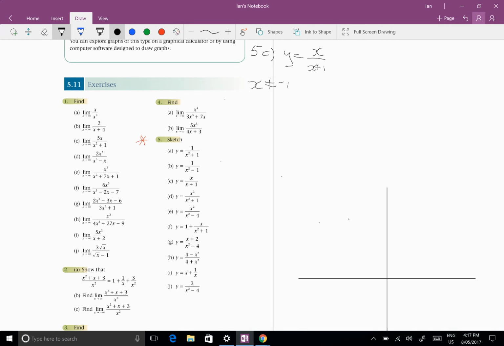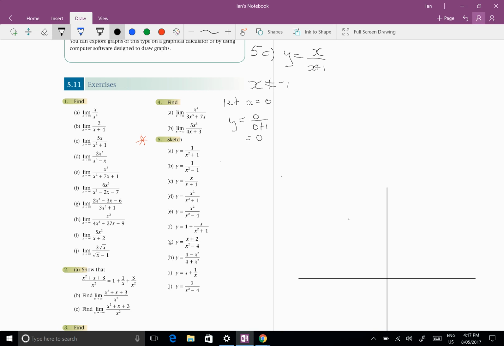Let's let x equal 0, and we'll see what we get for y. We get y equals 0 on 0 plus 1, which equals 0. So I've got the x-intercept and the y-intercept because they equal the same thing, and I've got x can't equal -1.